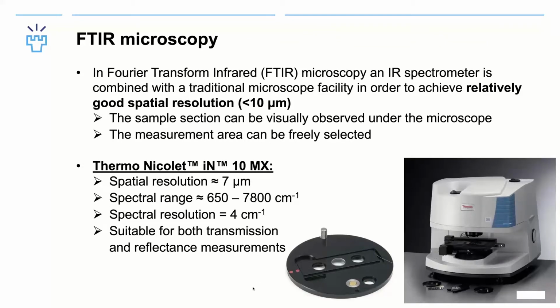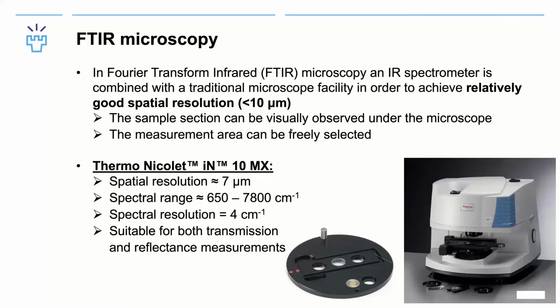In FTIR microscopy, you basically combine the infrared spectrometer with the traditional microscope, and you can get the typical microscope resolution around 10 micrometers. You can have tissue sample sections which you can visually observe under the microscope, the same way as typically in a microscope slide.